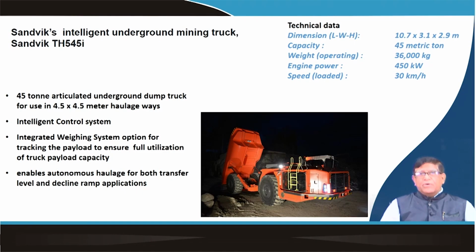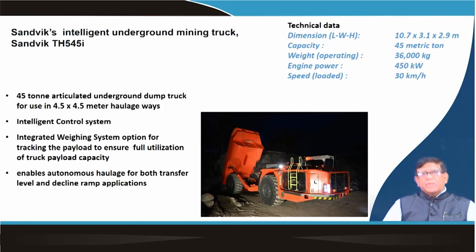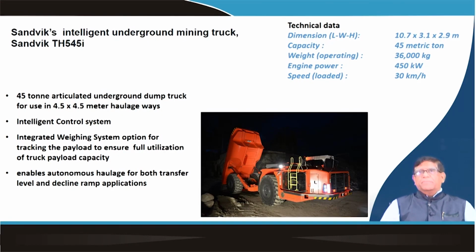As you can see, some features of the TH545i are its dimensions: 10.7, 3.1 and 2.9 meter. That is, the length of the machine with the dump and the engine is 10.7 meter, and its width is 3.1 meter within a height of 2.9 meter. Its capacity is 45 metric ton, and the weight of the machine at the time of operating is 36 ton.